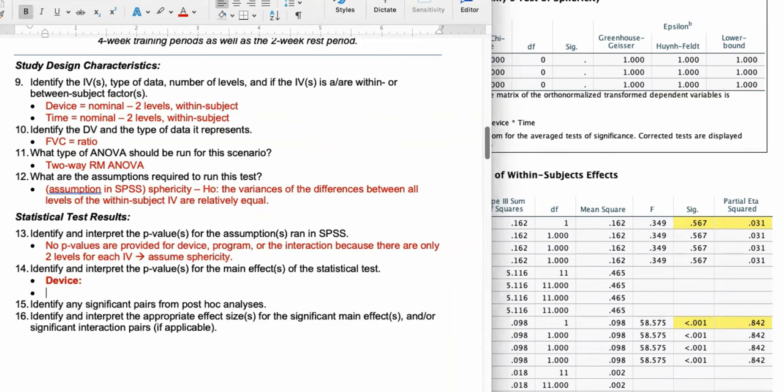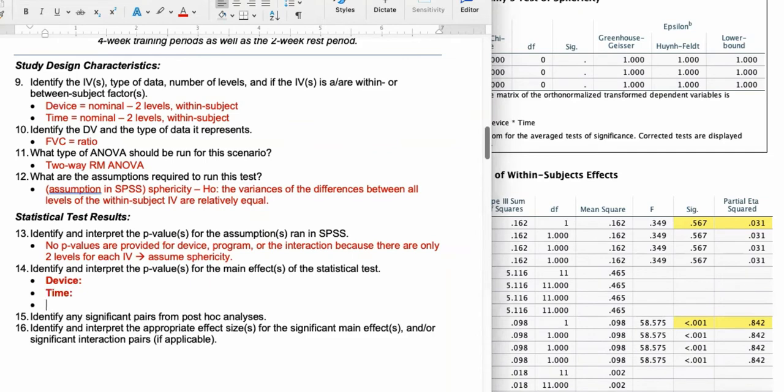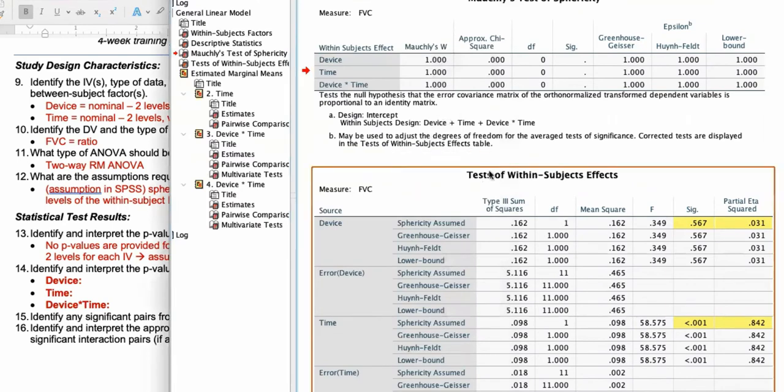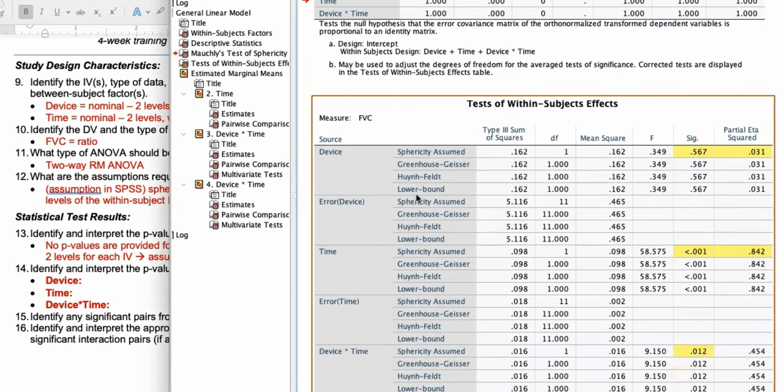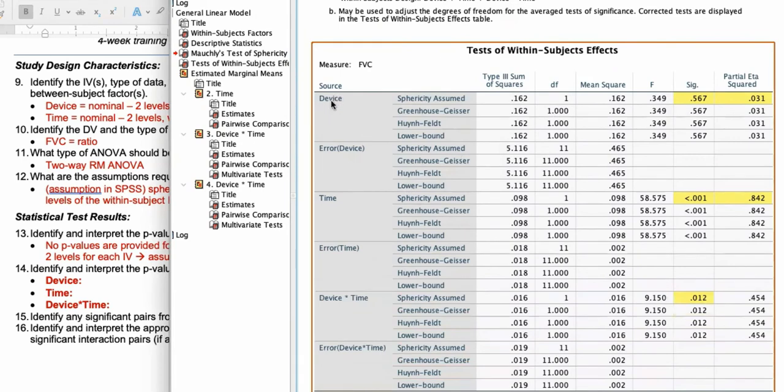We should also have a p-value for the time at which we measured our force vital capacity, right? So that's the difference between pre and post measurements. And then we'll also have the interaction effect between device and time. So if we consult our test of within subjects effects table, we can see device, time, and device times time, which is our interaction.